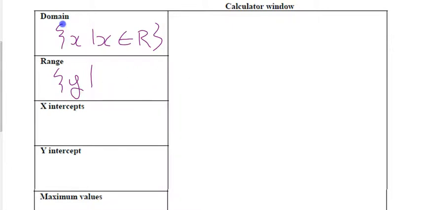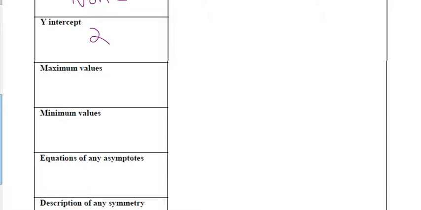There's a better way to write that. 0 is less than y, less than or equal to 2. Okay, so it's between 0 and 2. What are the x-intercepts? None. Y-intercept: 2. What's the maximum value? Relative or absolute?